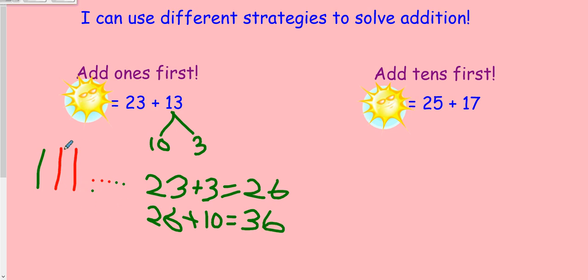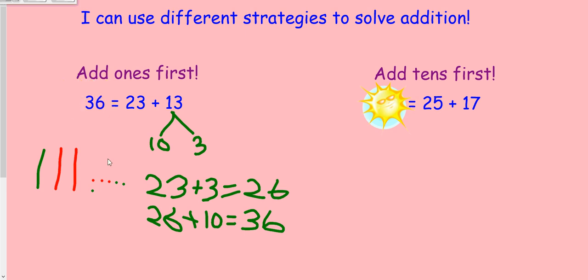We could also double check that in our picture. Let's count everything in our picture to double check that we skip counted correctly. 10, 20, 30, 31, 32, 33, 34, 35, 36. So the total for this number sentence is 36.